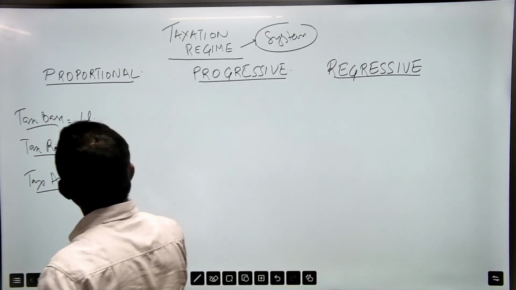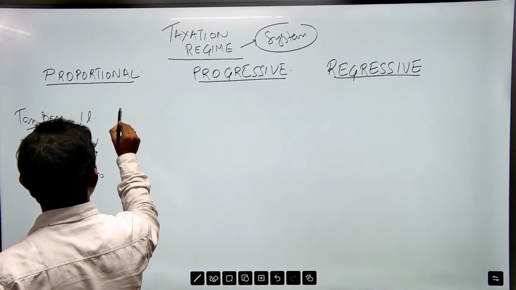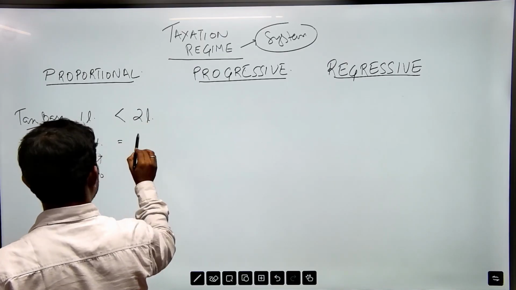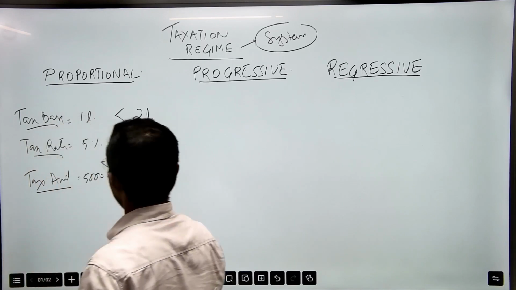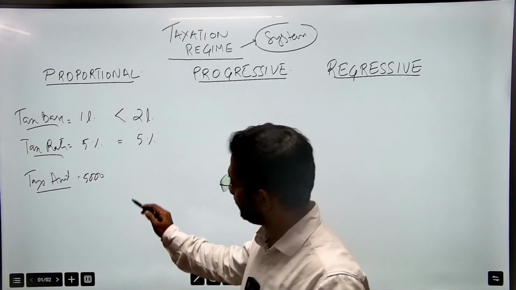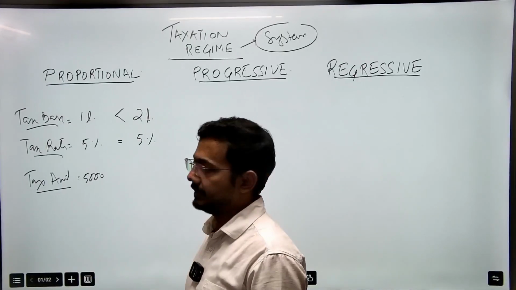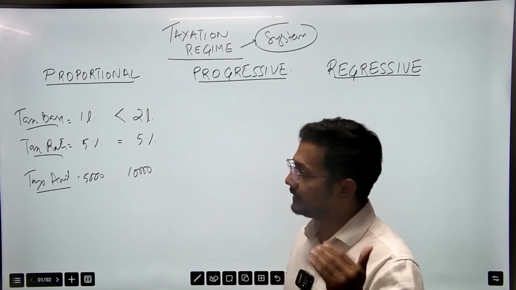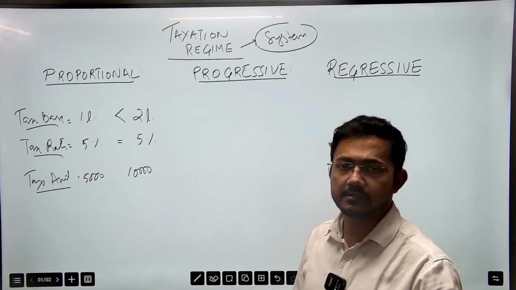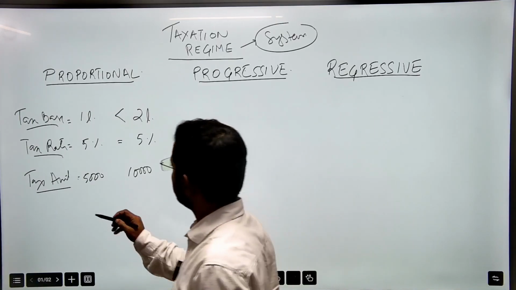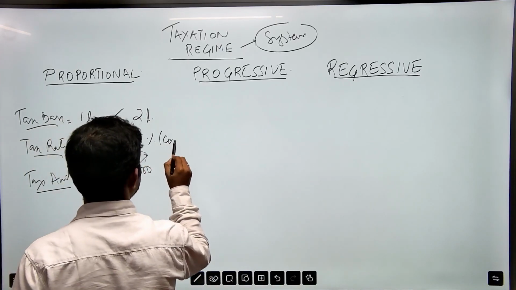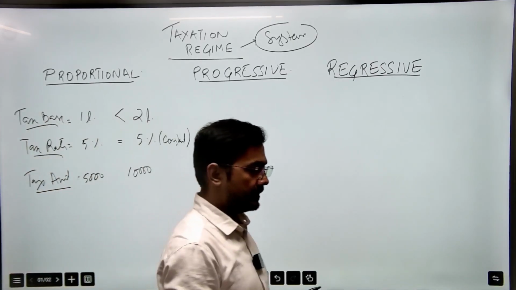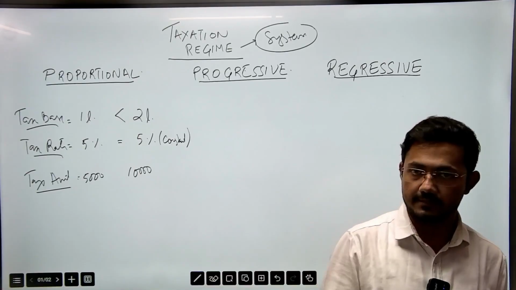So for example, your income or tax base has increased to 2 lakh rupees, but the tax rate will remain the same, that is 5%, but the tax amount will mathematically increase, that is rupees 10,000. So with the increase or decrease in tax base, the tax rate is constant. So this type of taxation system is known as proportional taxation.